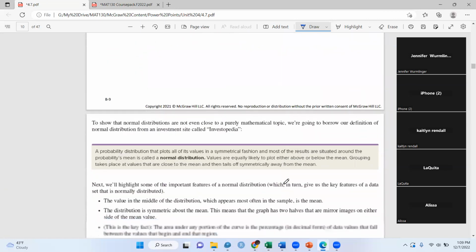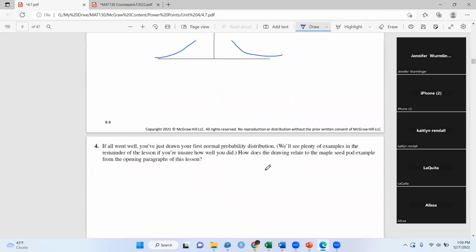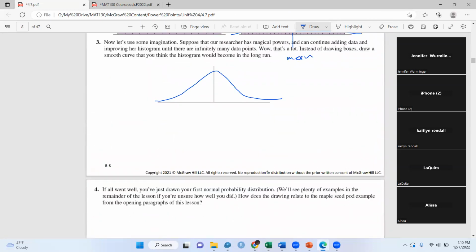And it turns out that this curve, and the area under this curve, represents both its area and a percent of the data. And it can tell us how many data values fall within, say, a range of numbers.